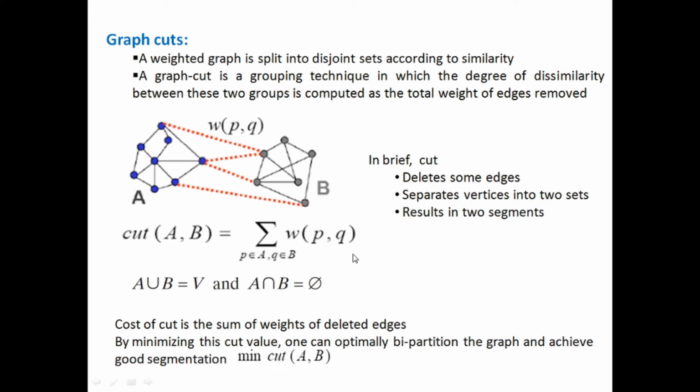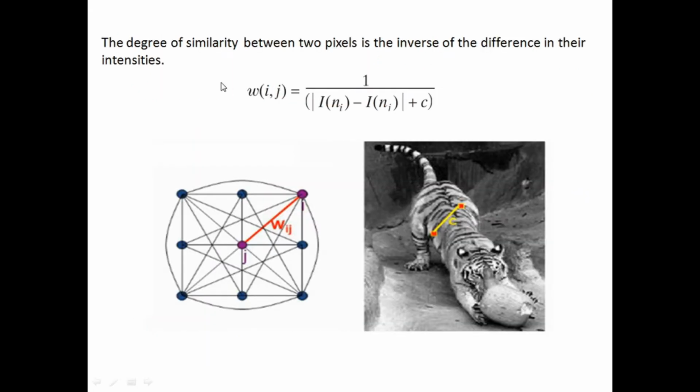So let me explain the similarity concept with one example. The degree of similarity between two pixels is the inverse of the difference in their intensities. This is an image in which we can see a tiger eating something.